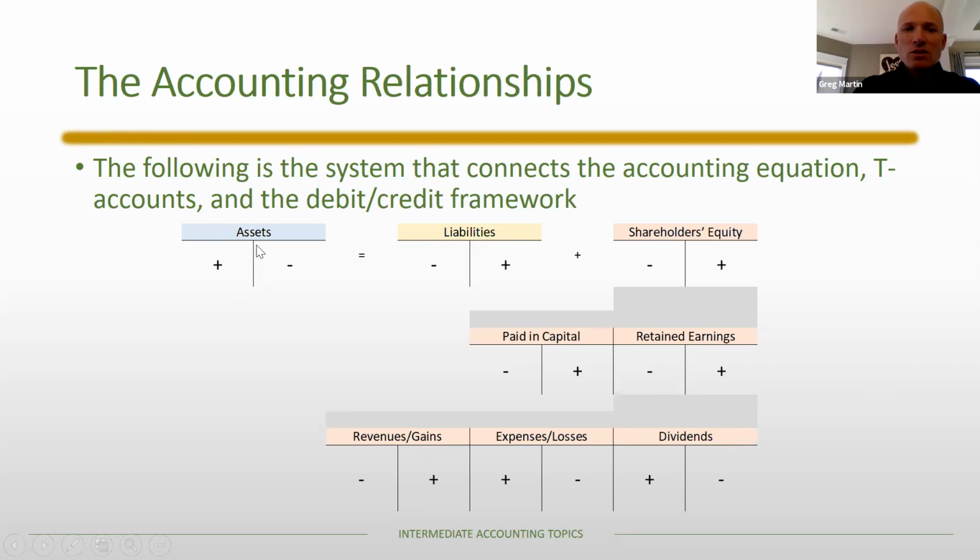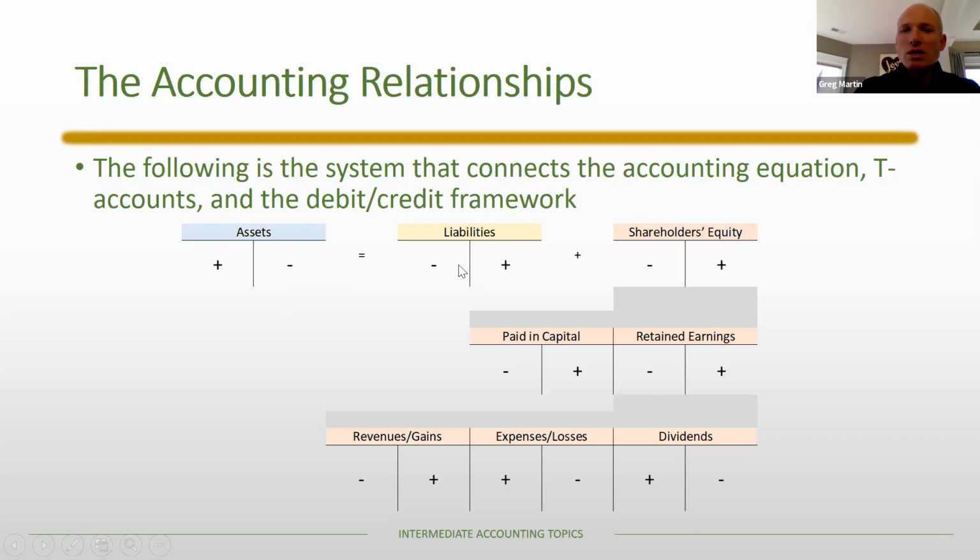So what types of entries are on the left? Debits or credits? Which one's on the left? Yep, debits. Which one's on the right? Credits, good. So what this is saying is for assets, debits increase assets. Credits decrease assets. That's what the plus minus means. What about for liabilities?